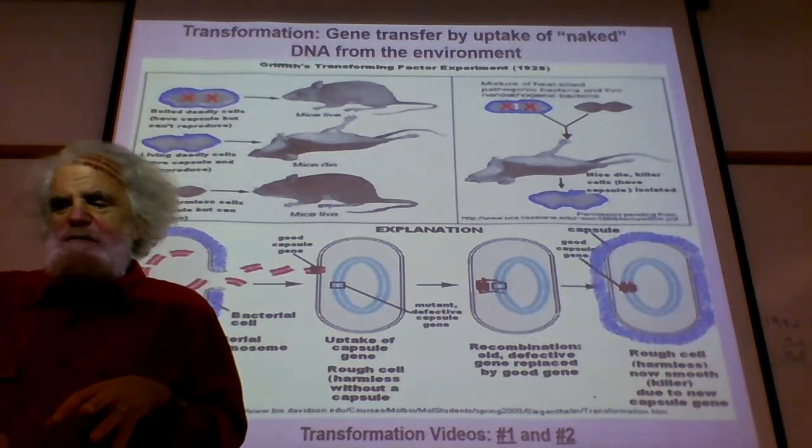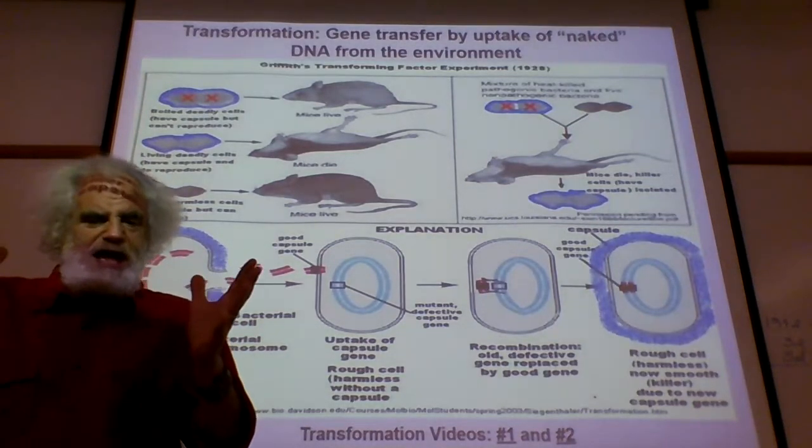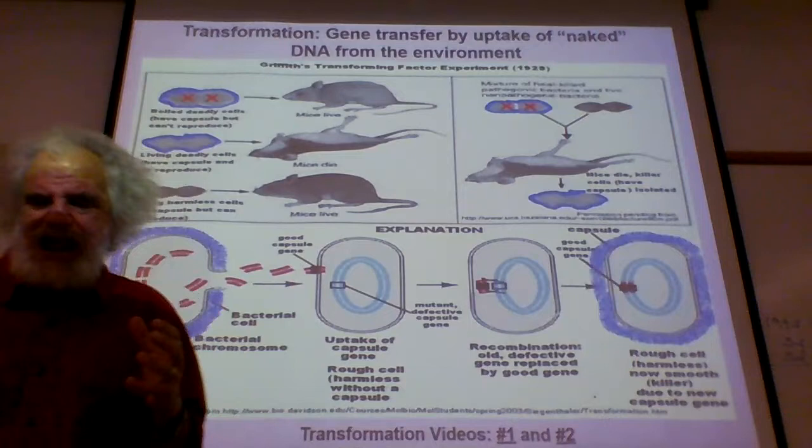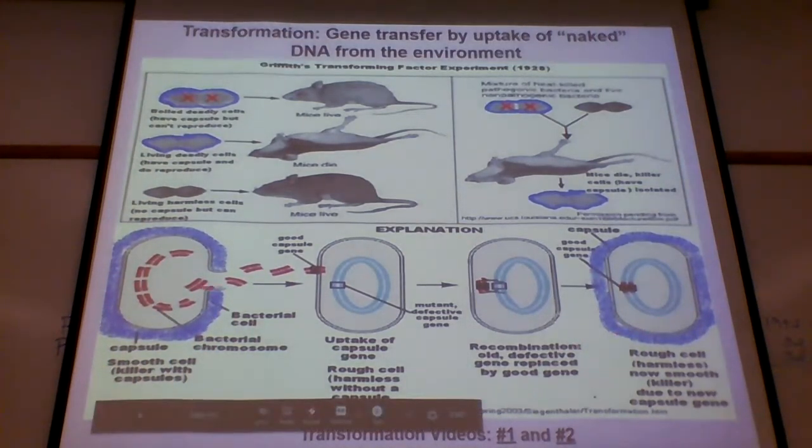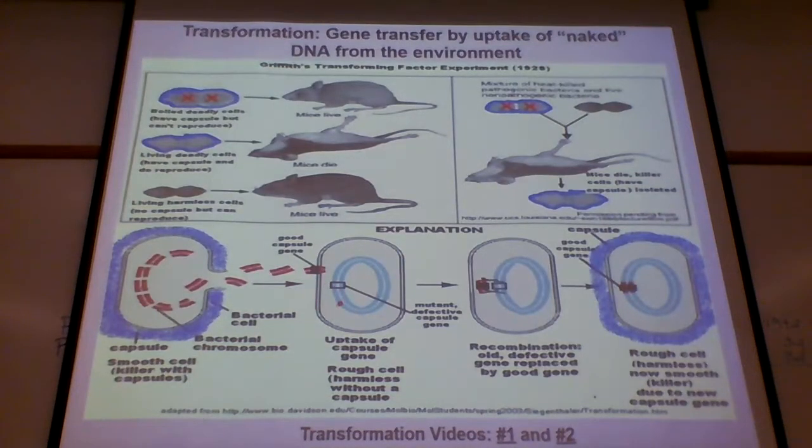So the bacteria has lysed, and the bacteria's cell wall is opened up. DNA can move around, and the other bacterium, the non-lethal bacteria, can take up the DNA, and they can then become mutant.